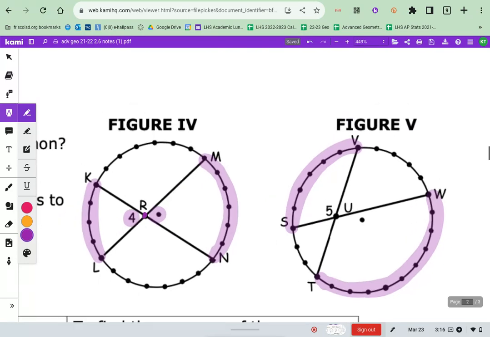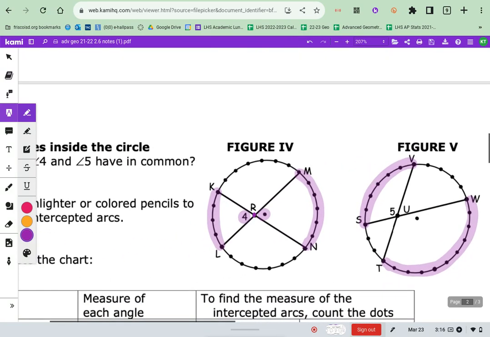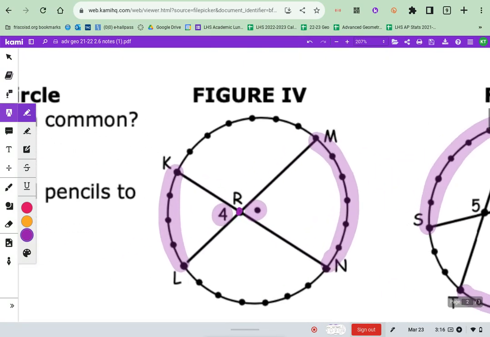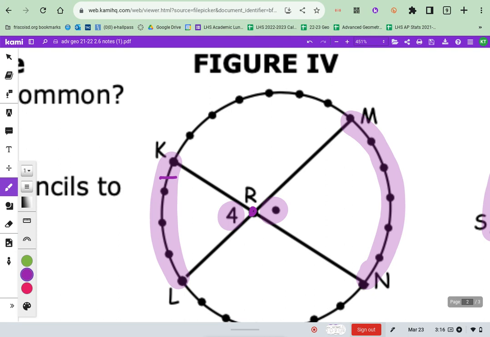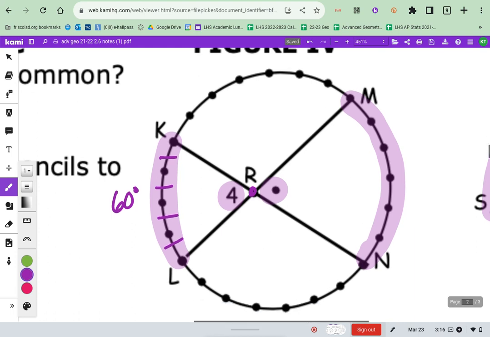Okay, let's count one of those together. If we measure the arc KL, that would be 15, 30, so 60 degrees for KL. And then MN would be 15, 30, 45, 60, 75, 90. So 90 degrees for MN.